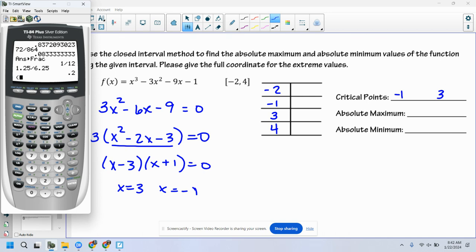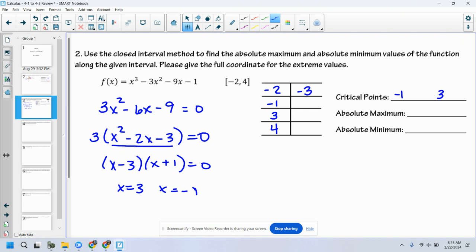Okay, so for example here, negative 2. Negative 2 to the third minus 3 times negative 2 squared minus 9 times negative 2 minus 1. Just double checking I punched that in right. Bingo. Negative 3. So I've got this negative 2, negative 3 point that is an endpoint on the left side of this function.